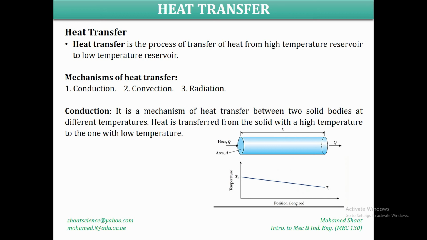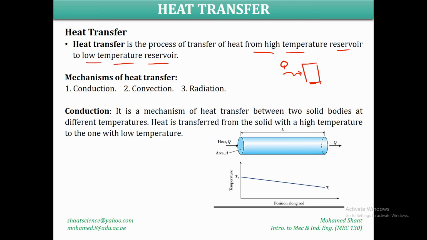Make sense? Then another important subject related to heat energy and thermal systems is heat transfer. Heat transfer is the process of the transfer of heat from a high temperature reservoir or source to a low temperature source. For example, if you have a material and you are sending heat, how can we send the heat?